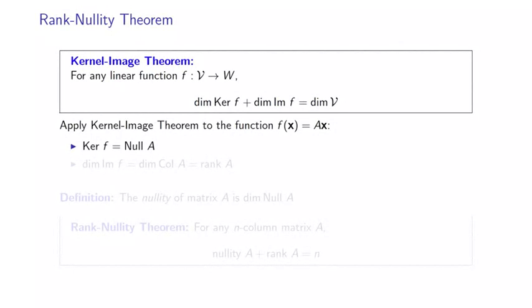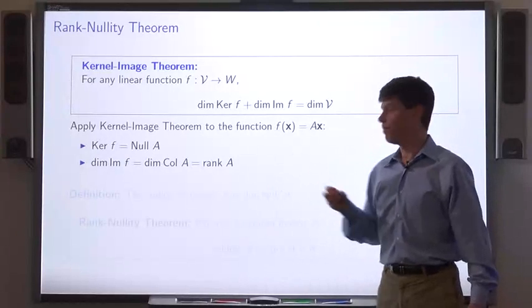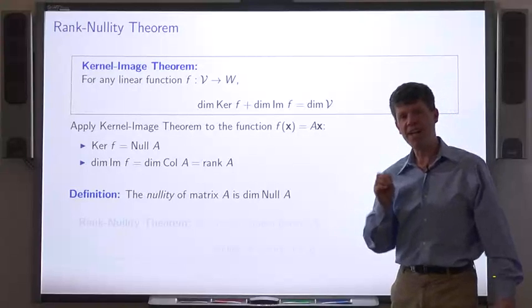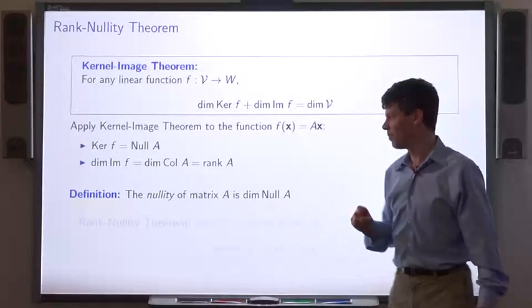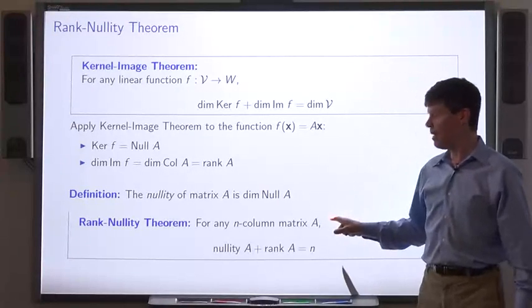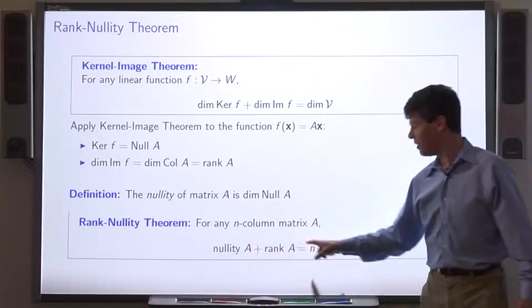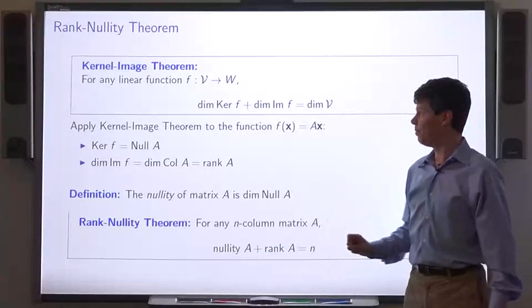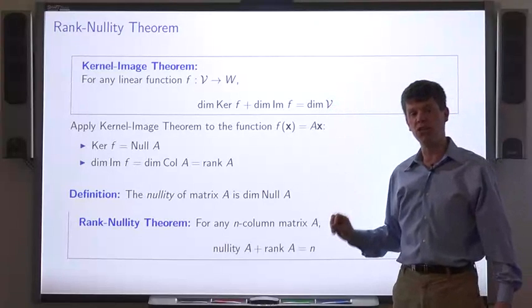Then the kernel of f is just the null space of the matrix A, and the dimension of the image of f is the dimension of the column space of A, which is just the rank of A. Now we define the nullity of a matrix to be the dimension of the null space of A. Then the rank nullity theorem states that for any n-column matrix A, the nullity of A plus the rank of A equals n. This is a direct translation of the kernel image theorem into the terminology of matrices.